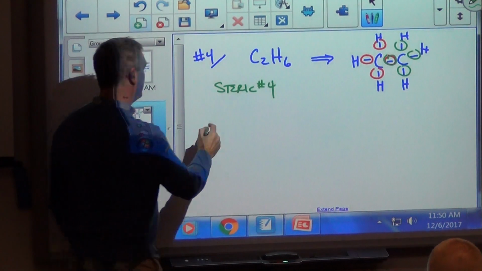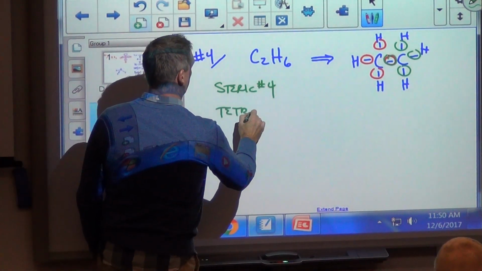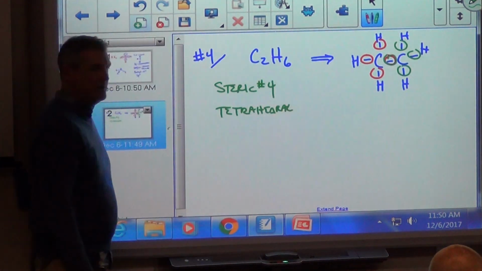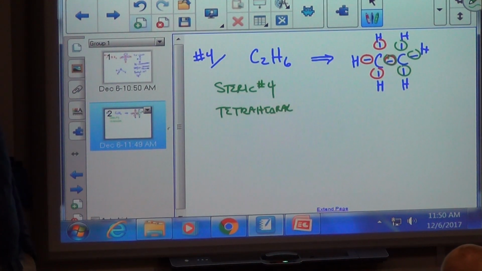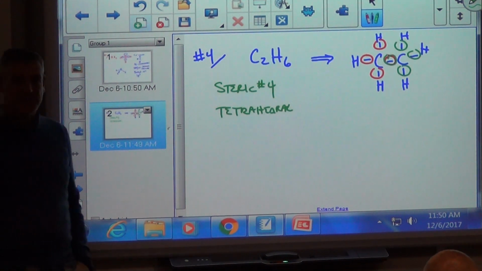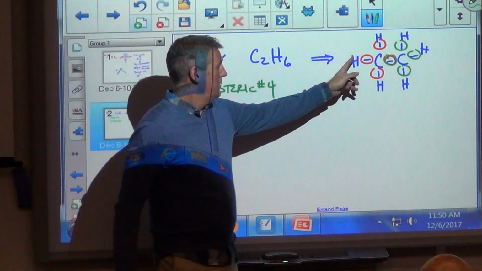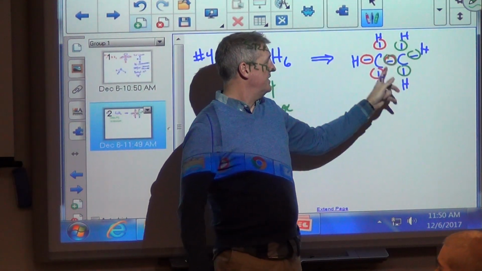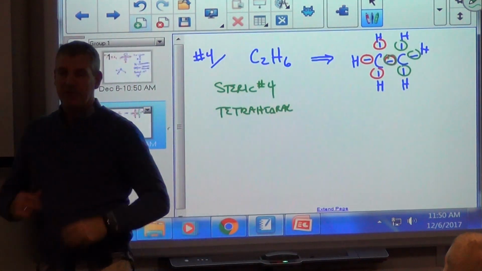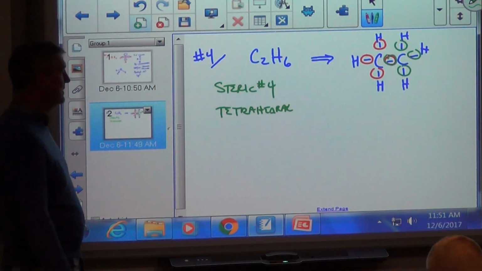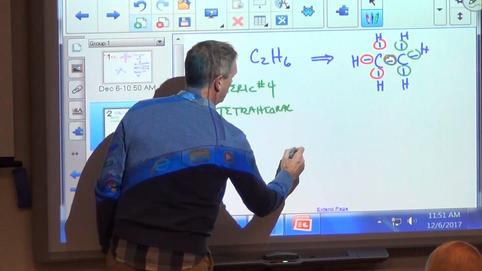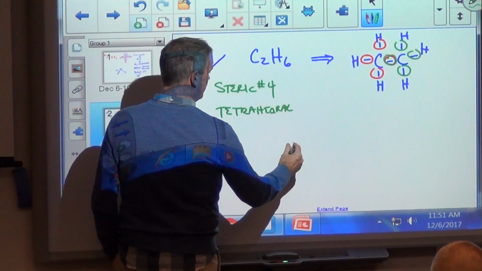Our parent geometry, tetrahedral again. Next column is our structural formula. So this guy is going to be a tetrahedral, and this guy is going to be a tetrahedral. So really we've got 2 tetrahedrals that are connected. So let's just draw one first. Got our carbon.